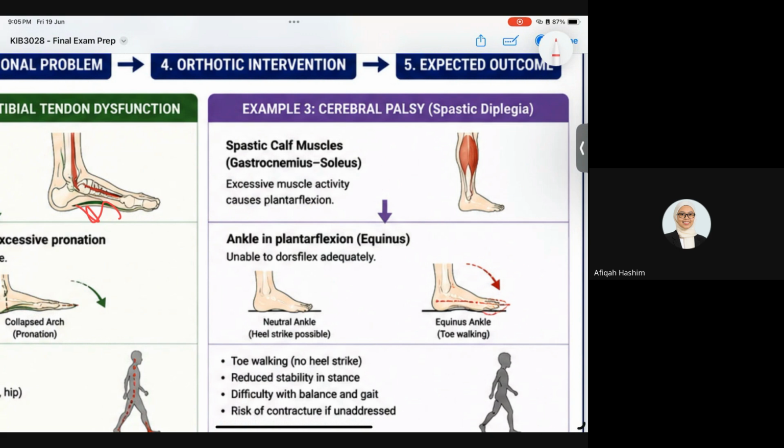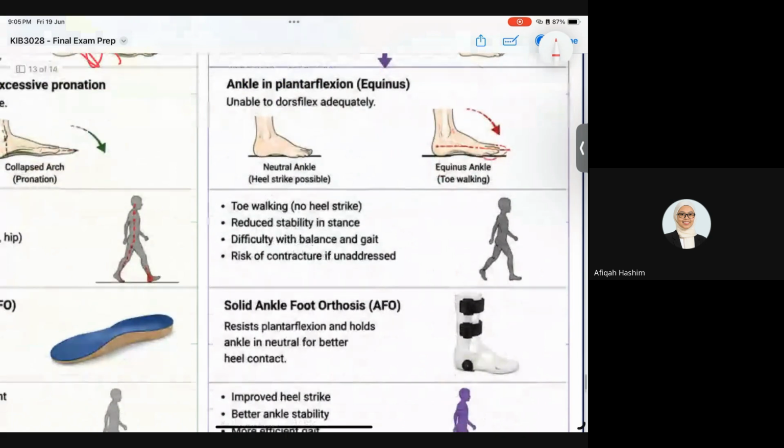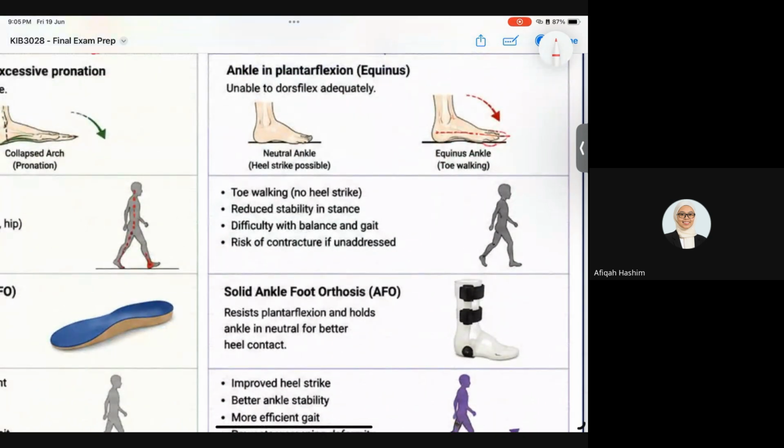When they are overactive, they keep the ankle in plantar flexion, and biomechanically this will produce an equinus position, like toe walking. So the child walks on the toes, loses heel strike, has reduced stability because of that, and eventually may develop contracture.